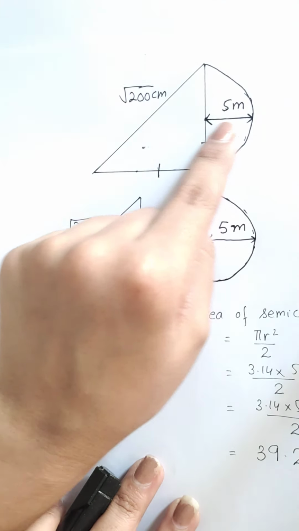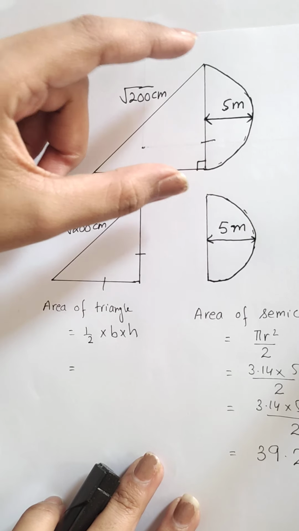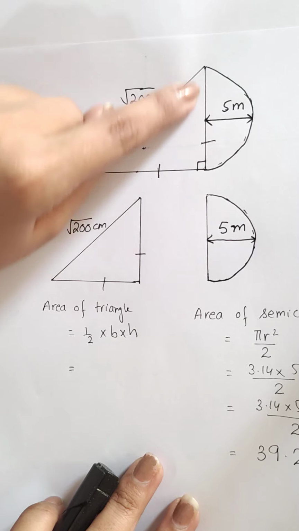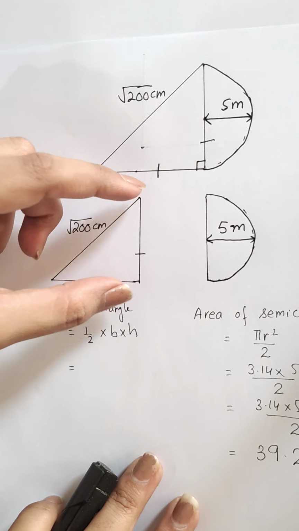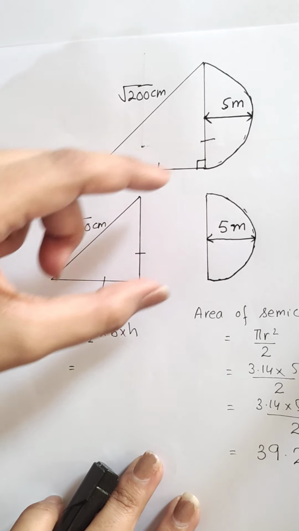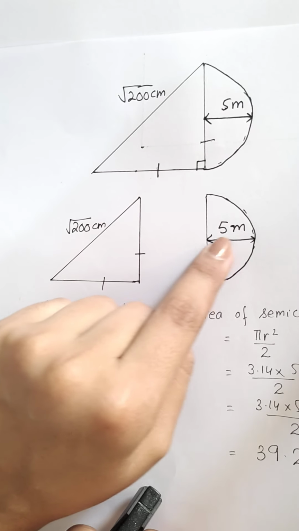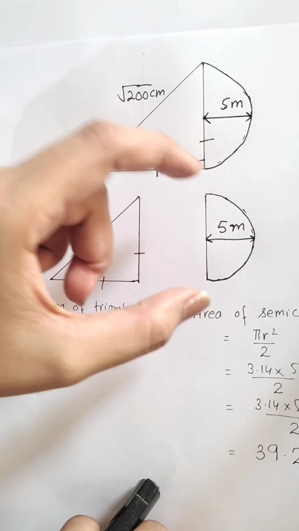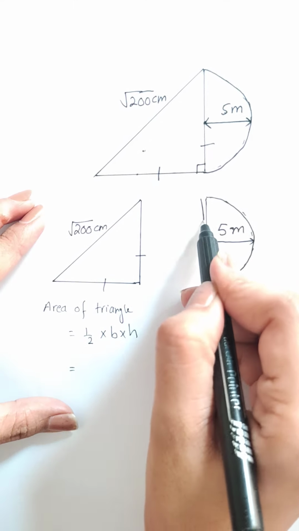The radius is 5 meter and this is the diameter of the semicircle. The diameter of the semicircle as well as the length of the triangle side are both the same. If the radius is 5 meter, the diameter is double of the radius. So what will be the diameter of this semicircle?